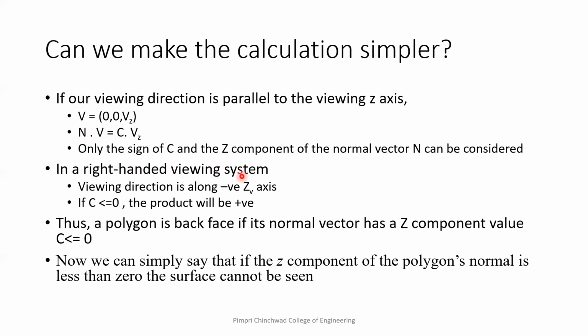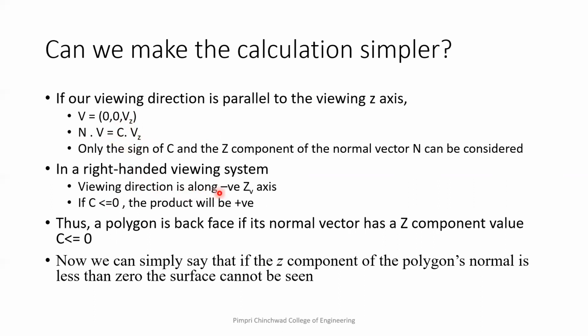So only the sign of c, the z component of the normal vector n, needs to be considered, right? In a right-handed viewing system, the viewing direction is along the negative z-axis. If this is the negative z-axis and I want my product to be greater than 0, then c must be less than or equal to 0, right? I want the result to be positive in case of a back face.